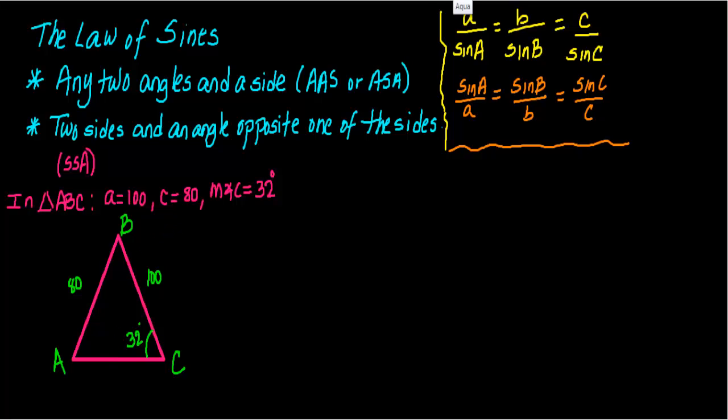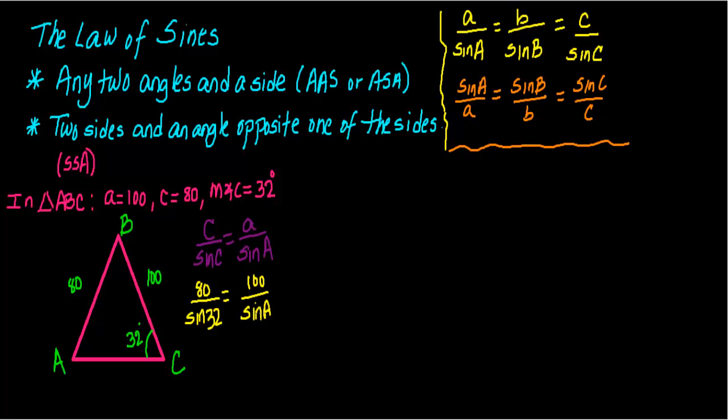All I can really do here is write c over sine of C, because I have those two values, equals a over sine of A, because I have one of the two values, and then I can solve for sine of A. Now I fill in the values. c in this case is 80 over sine of 32, equal to a, which is 100 over sine of A.